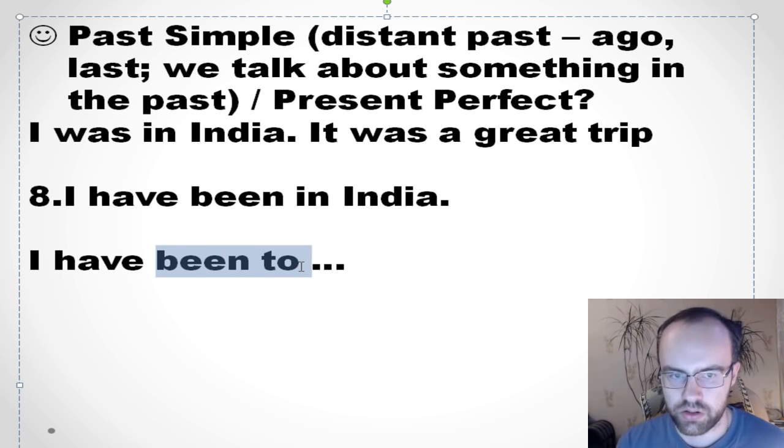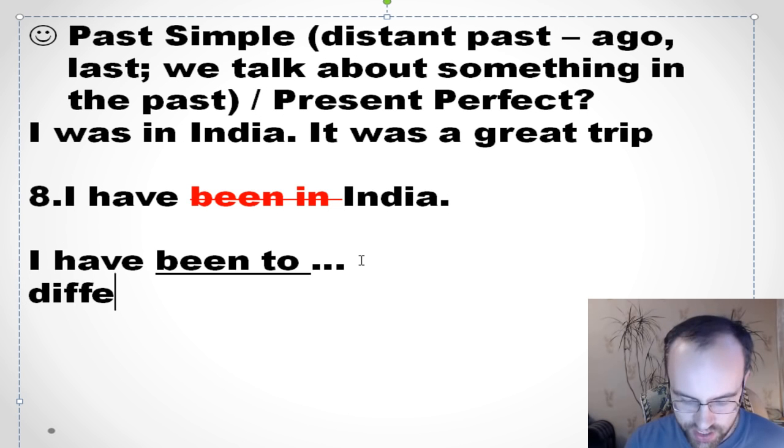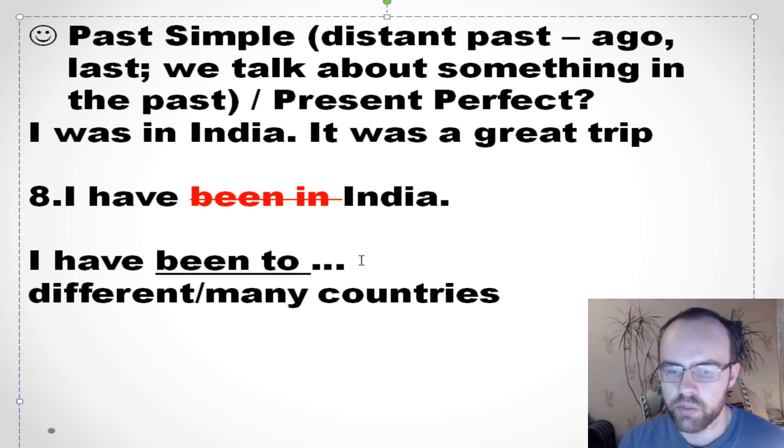We use been to with present perfect, so not been in India. We say I have been to India. I have been to many countries, or any English phrases, but please, been to in present perfect, not in. Students continue making these mistakes again and again. Okay, next. The next mistake is very common too.